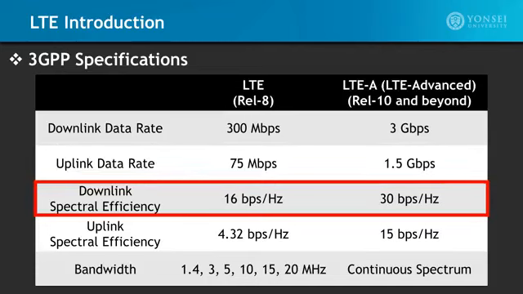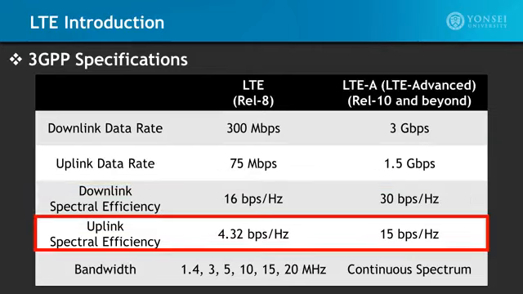For the downlink spectral efficiency, it is in the range of 16 bits per second per hertz, where for LTE-A, it is at 30 bits per second per hertz. For uplink spectral efficiency, LTE is in the range of 4.32 bits per second per hertz, where LTE-A ranges up to 15 bits per second per hertz. Significant improvement.